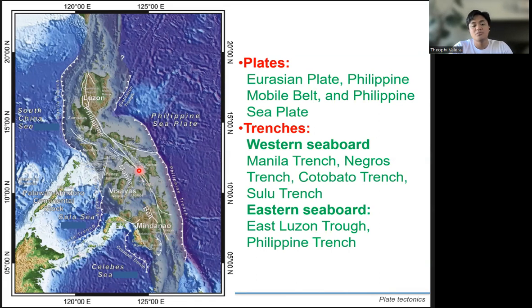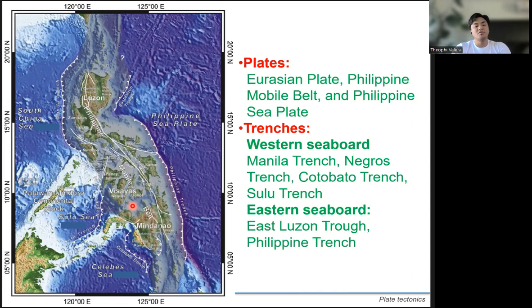This fault, which is a left lateral fault, as we'll discuss later on, is the consequence of the plates squeezing the Philippine Mobile Belt between them. So when you squeeze, you form deformation. It is stressed, and therefore it starts to deform along this Philippine fault zone.